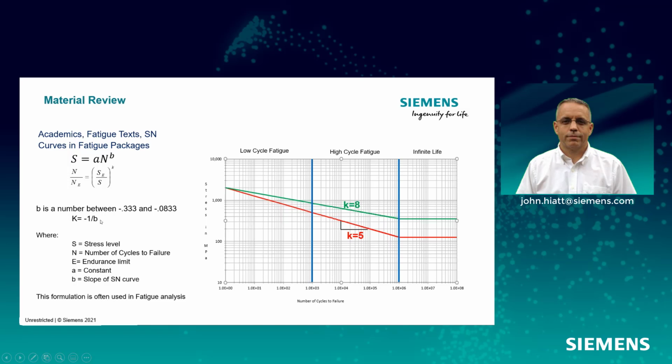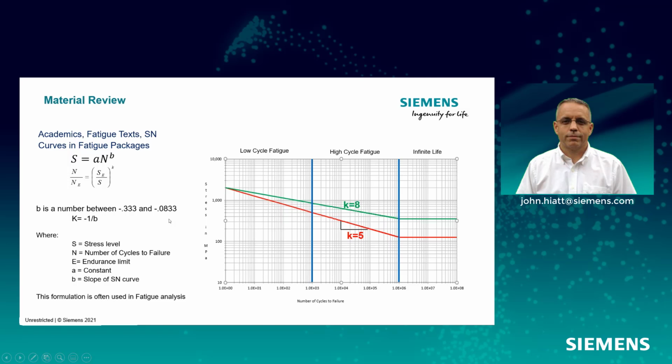If you flip that over and multiply it by minus 1, we call it K, and that's a number like 3 to 12. I see 5, 6, 7, 9 a lot. I know 2 packages in their fatigue solver: one asks for K, like our package, and the other people use B. That's the relationship.